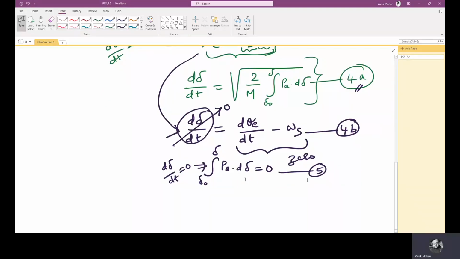Now let's see the plot of active power and power angle. I'll draw it here.